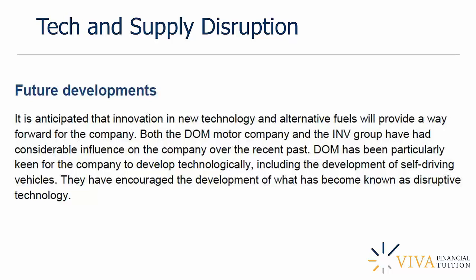Another area where we're seeing a lot of supply side disruption is in tech, of course, and this is a very important point in the pre-scene. We're seeing a huge amount of integration of really advanced tech into cars, smart cars, intelligent cars, and of course self-driving technology, which we'll come back to later. We're seeing a huge amount of collaboration between really big tech companies, Google, Apple, and also phone manufacturers and so on.